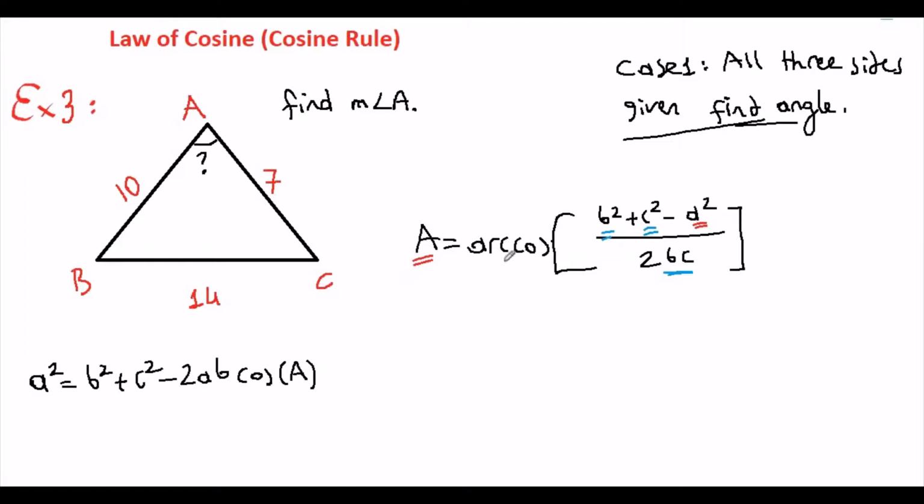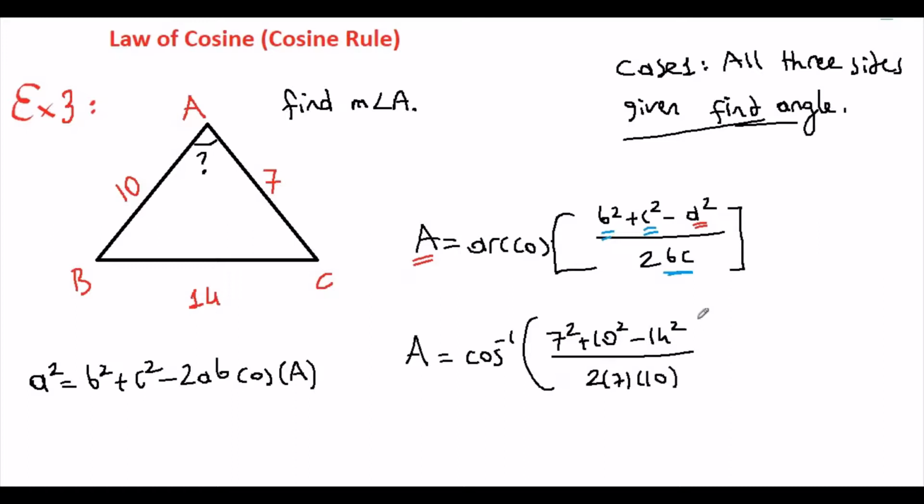So we're going to solve for arc cosine of these numbers. Let's plug in. So angle measure A will be equal to arc cosine of, you can use either notation, B is 7 squared, C is 10 squared, and A is 14 squared, divided by 2 times 7 times 10. Let's go to our calculator and find the answer.